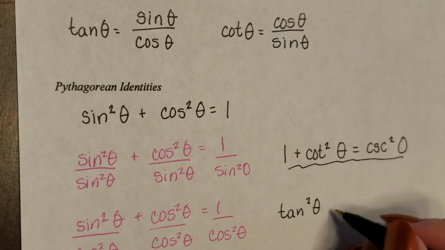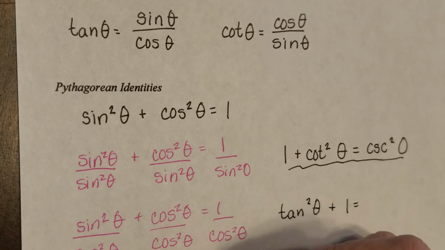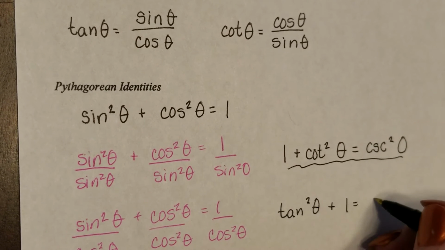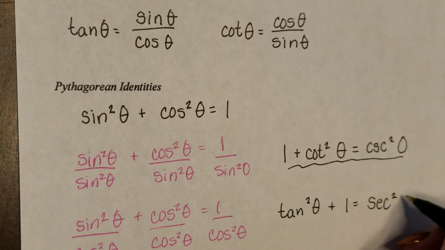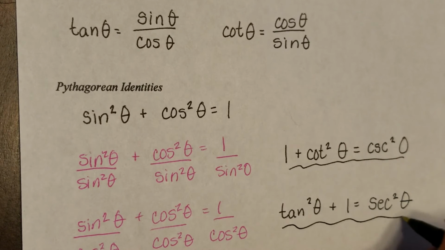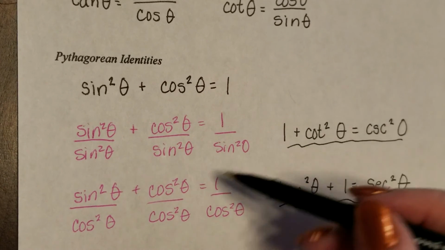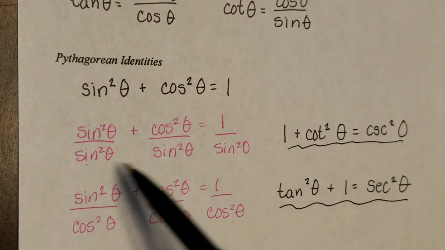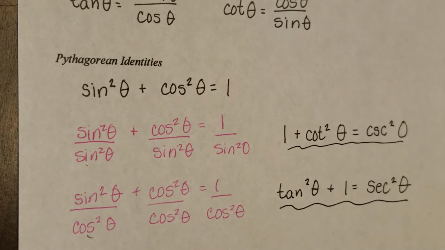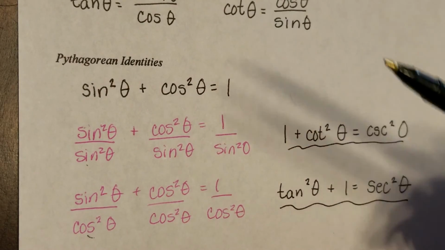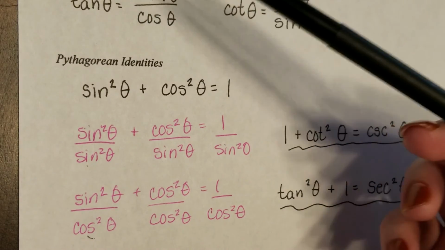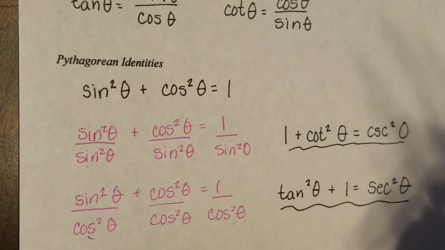Cosine divided by cosine is 1. And 1 over cosine is secant squared theta. I never remember these two. I can only get to them by doing the division, using the quotient and reciprocal identities that I just gave you.